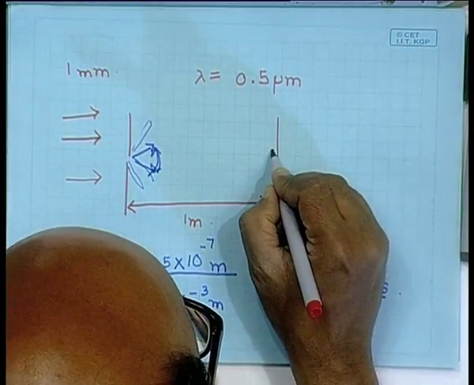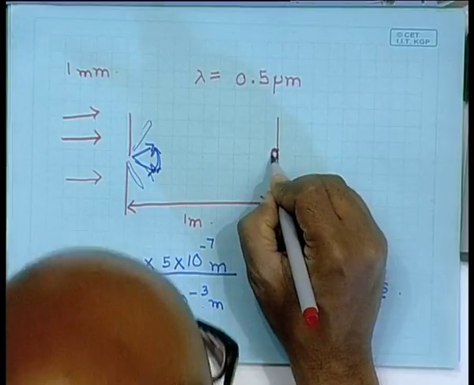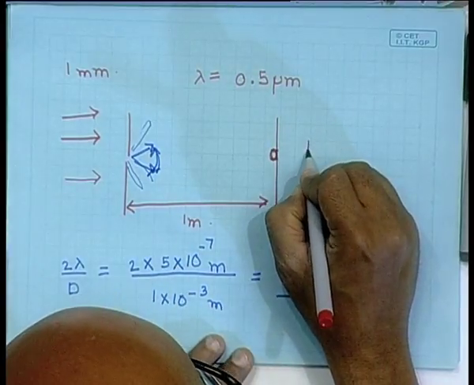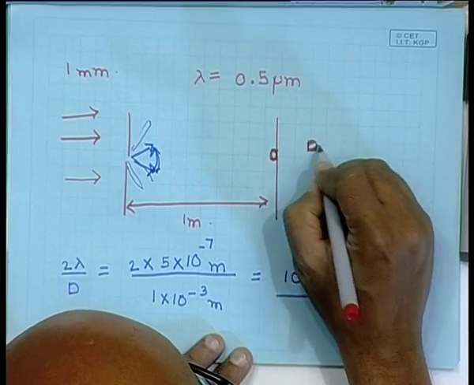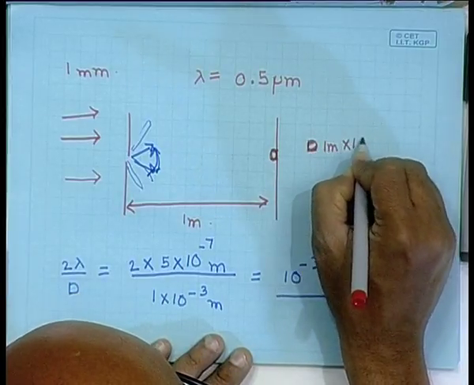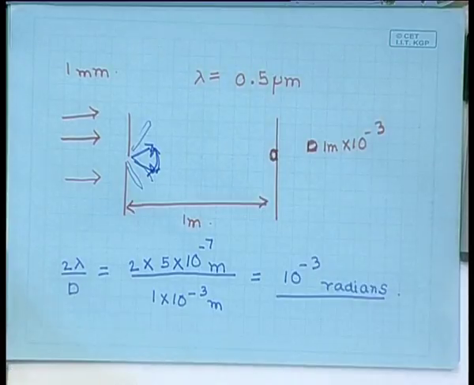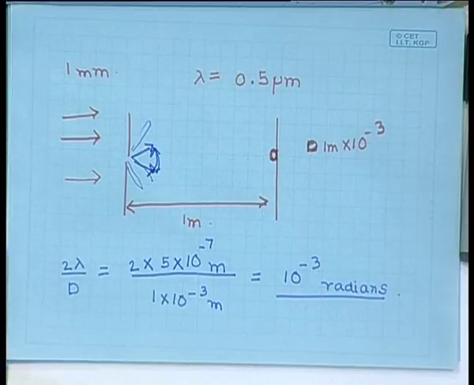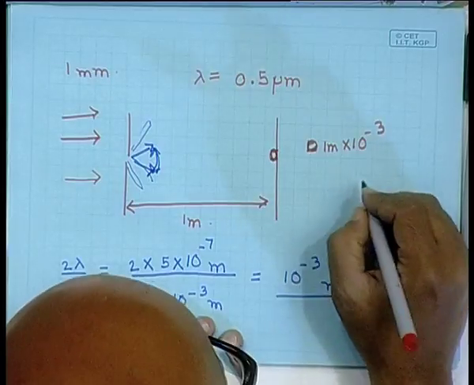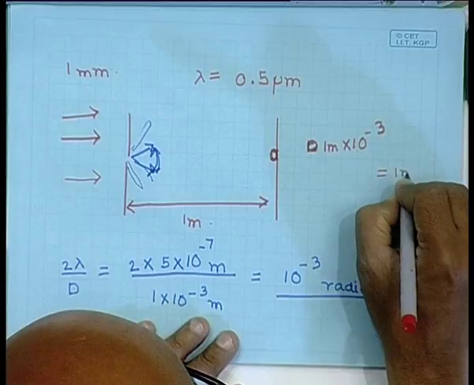We will get a bright central spot over here, and the size of this central spot is going to be L, the distance, which in this case is 1 meter. So, 1 meter into 10 to the power minus 3, that is the angular extent of the wave that comes out. So, this is going to be 1 millimeter.